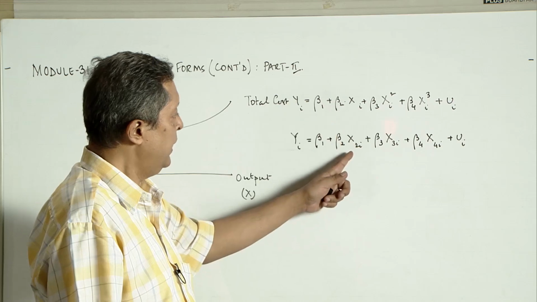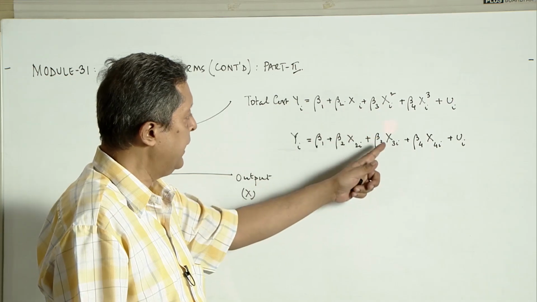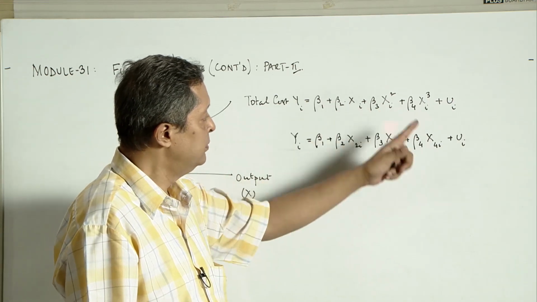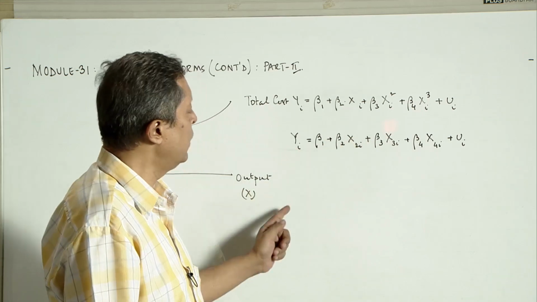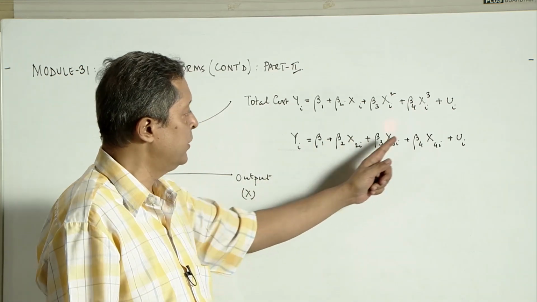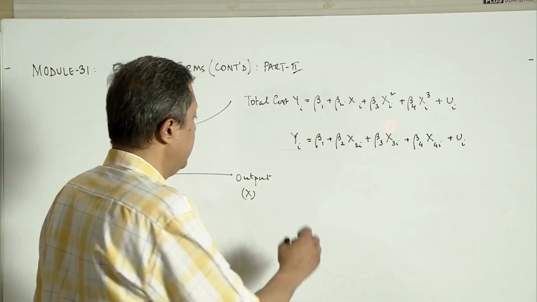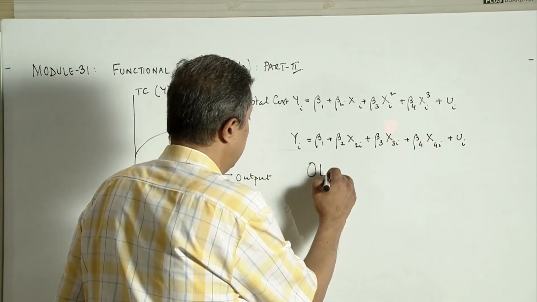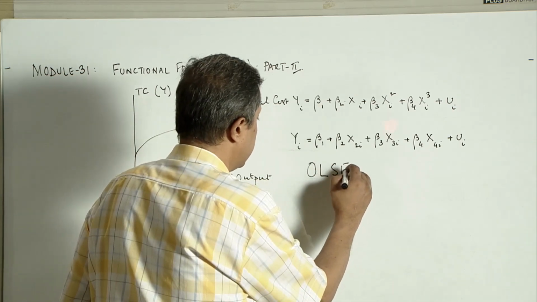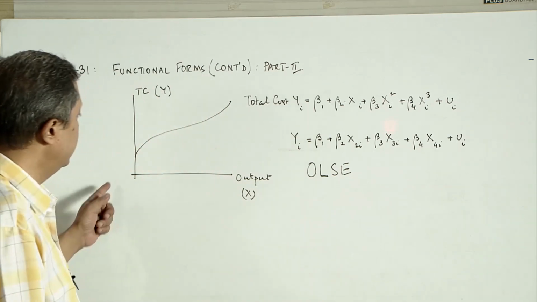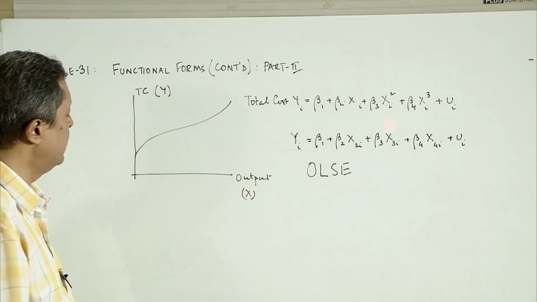So, output x2, output square x3, output cube x4. So, this model is now linear in beta 1, beta 2, beta 3 and beta 4, and we can simply use the ordinary least square estimates. That will give us the estimate of this total cost function.